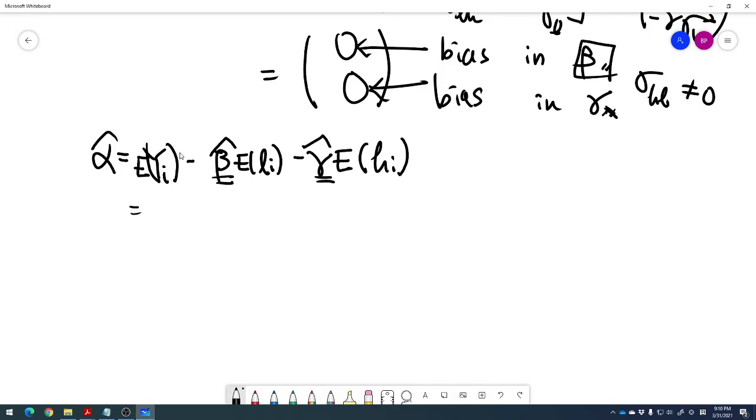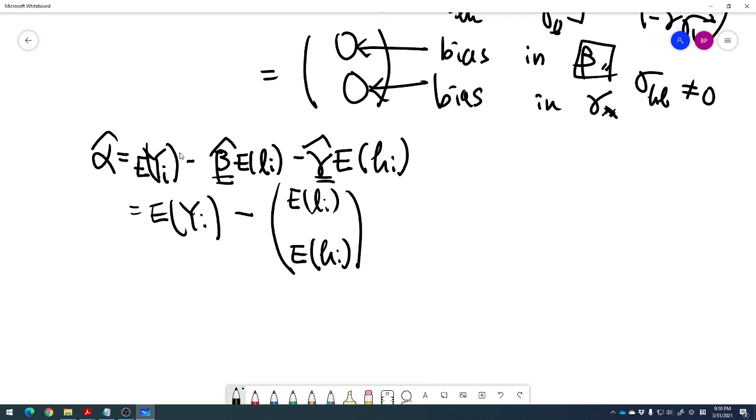So you may write it this way: minus a 2 by 1 vector prime, this bias, theta plus bias.